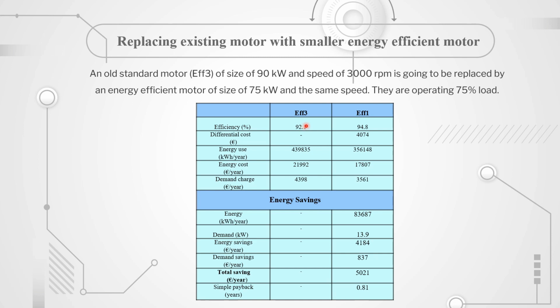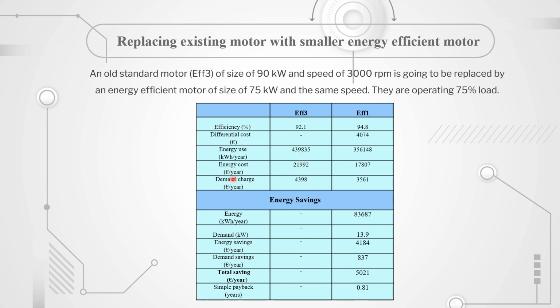So for EFF3 and EFF1, the efficiency of EFF1 is 94.8, which is higher than EFF3. For the energy used in kilowatt hours per year, we can see EFF1 is much lower than EFF3, about 300,000 compared to about 400,000 for EFF3.